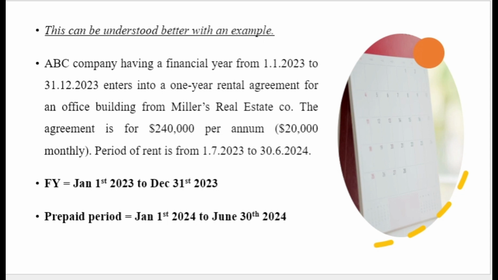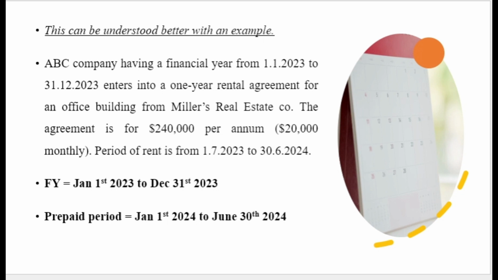That means the financial year for ABC company is January 1st, 2023 to December 31st, 2023. The payment is actually made for a period of 12 months. 6 months belongs to this particular financial year for which the books are prepared, and the balance 6 months belongs to the coming financial year for ABC company.